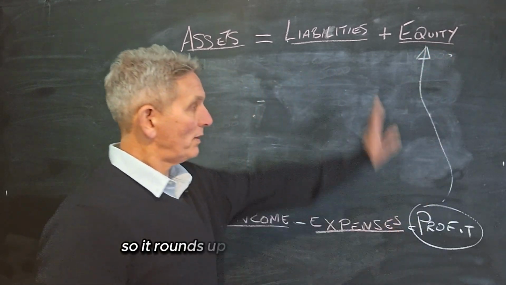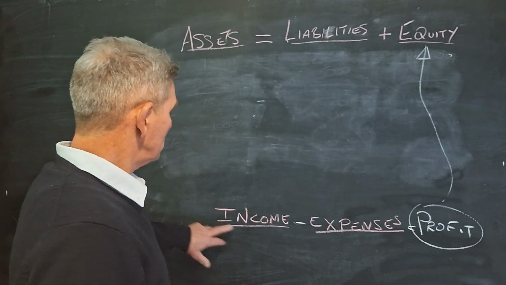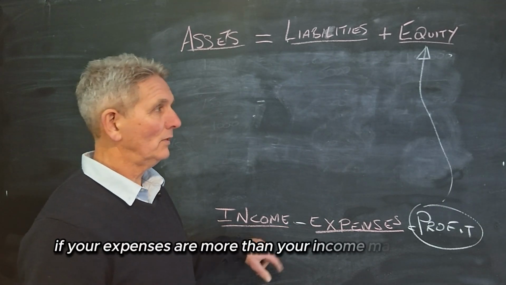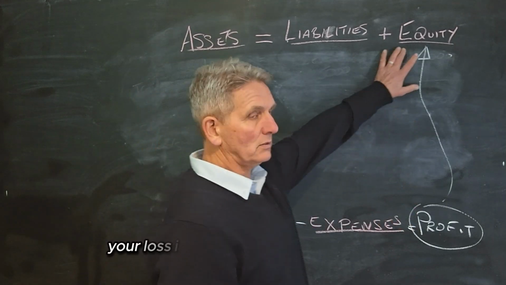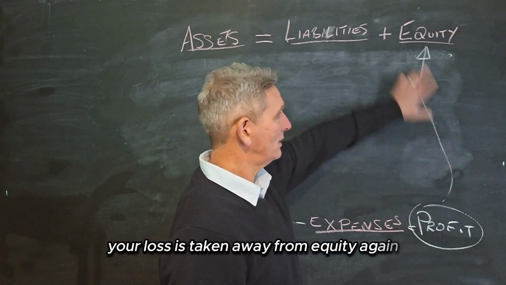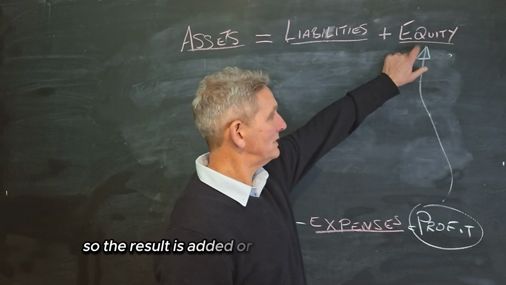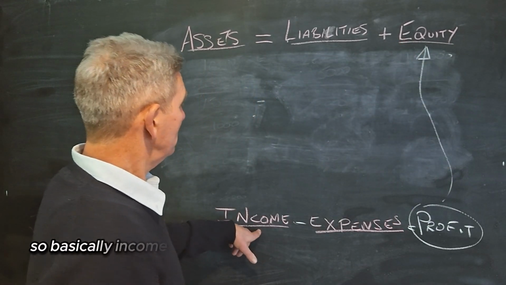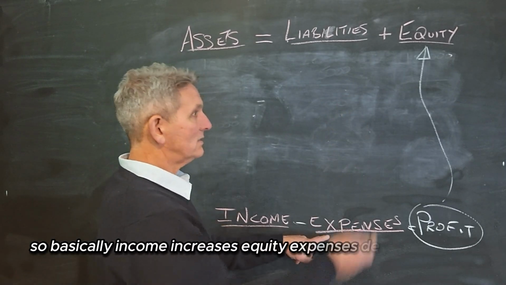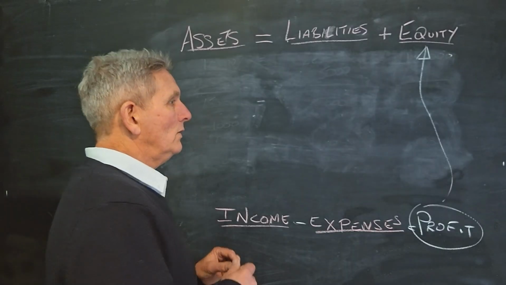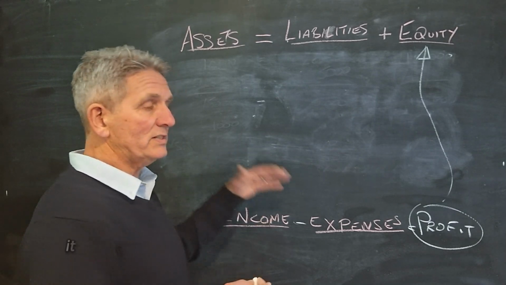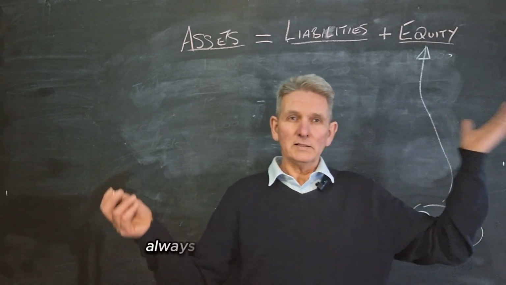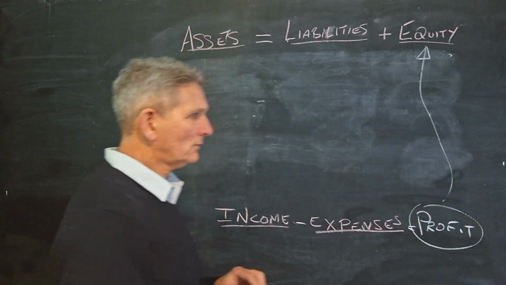So it winds up in equity. Sometimes you might make a loss. If your expenses are more than your income, you've made a loss, and your loss is taken away from equity. Again, the result is added or taken away from equity. So basically, income increases equity, expenses decrease equity. So this is why bookkeeping works. It's a self-checking system. It always balances. This side always balances with that side.